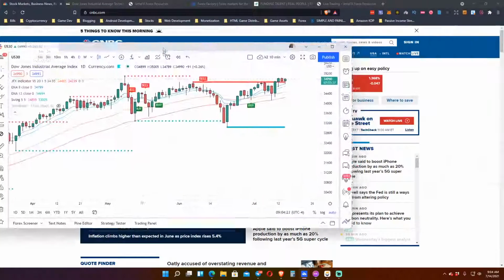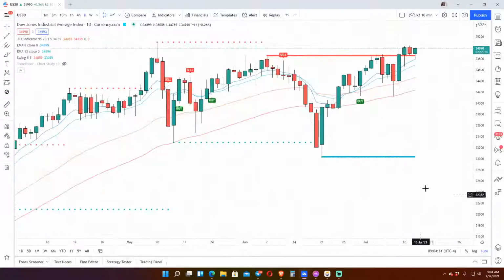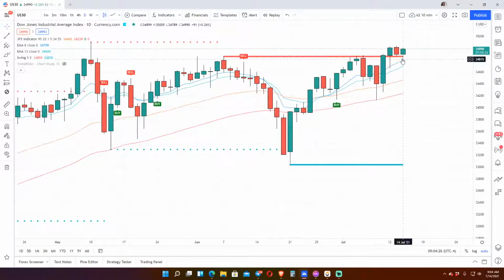If you look at the daily, this candle right here is today's candle, July 14th. As you can see, this candle wicked off the support, the new level of support here, and it's continued to push to the upside.